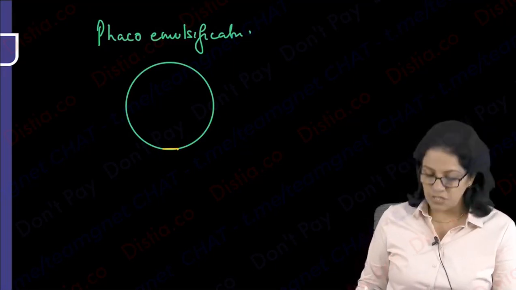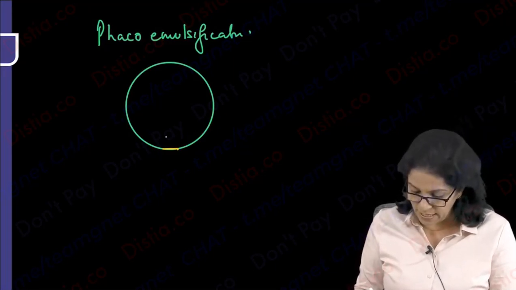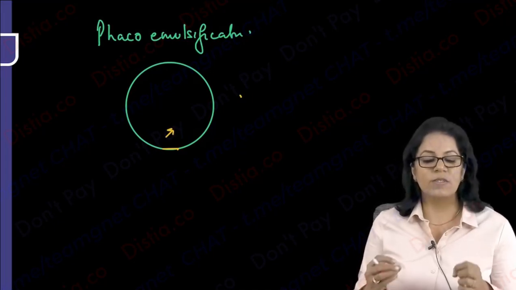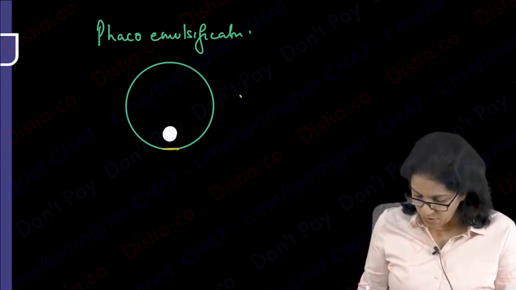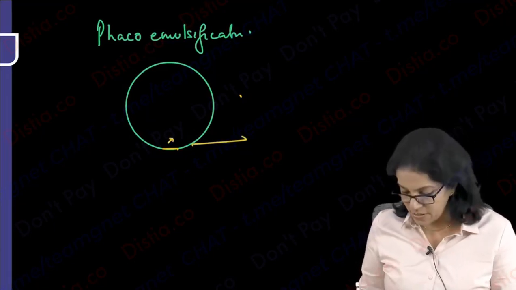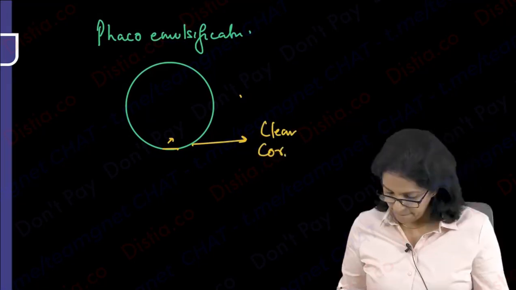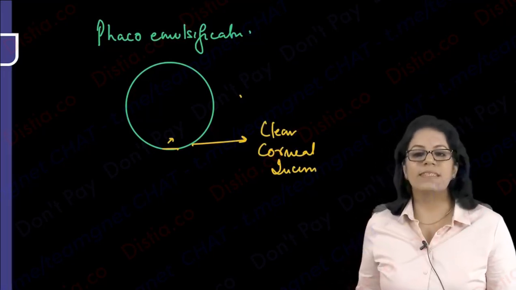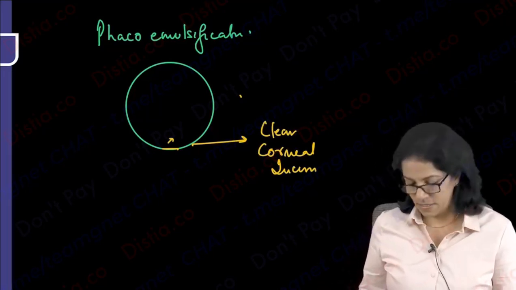Once I have given this incision, I dissect further into the cornea and puncture the anterior chamber somewhere here. So this is what is called a clear corneal incision. It has to be a little bit of dissection and then puncture. So these are the clear corneal incisions.